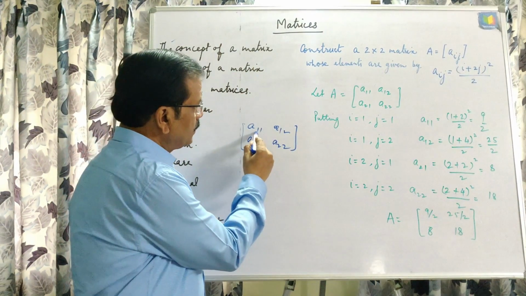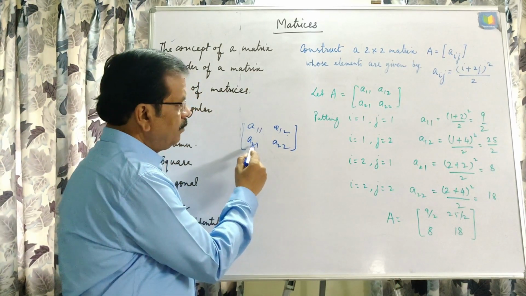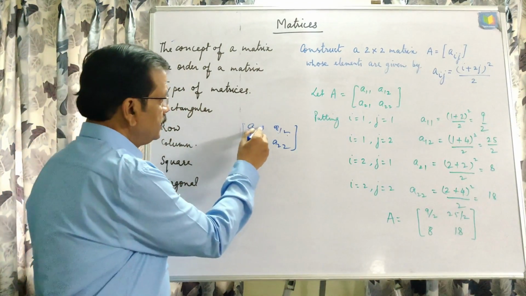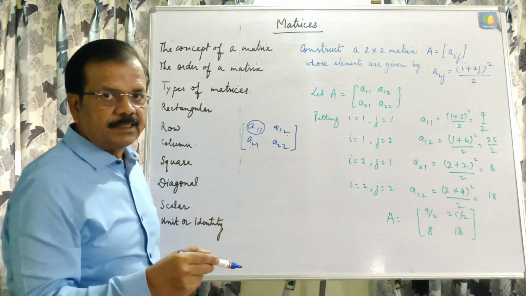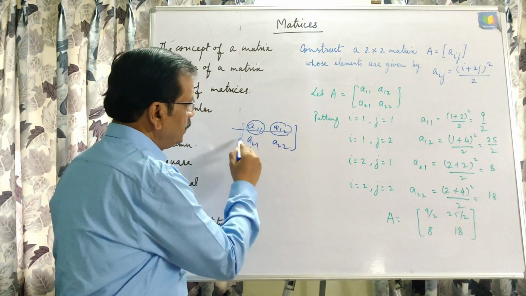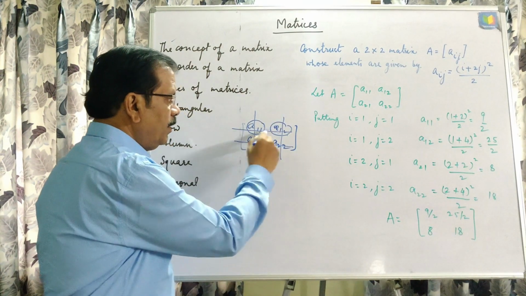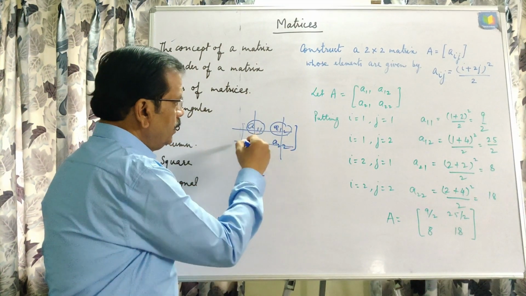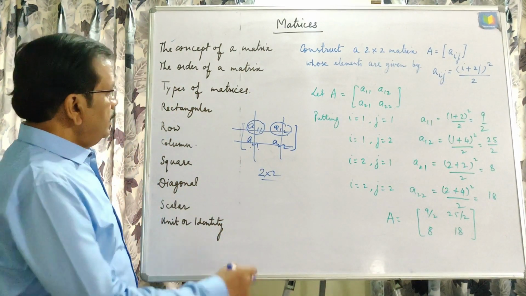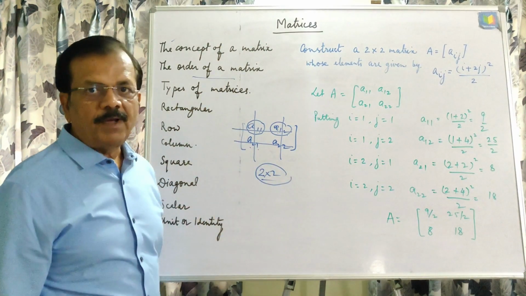This represents first row, first column; first row, second column; second row, first column; and second row, second column. These entities can be real numbers or any other thing. This is a row, and this is a column. How many rows? 2 rows and 2 columns. And this 2 cross 2 is the order of the matrix.